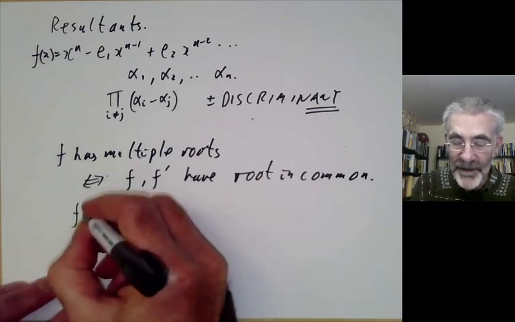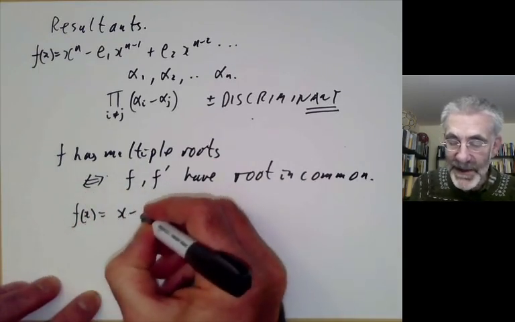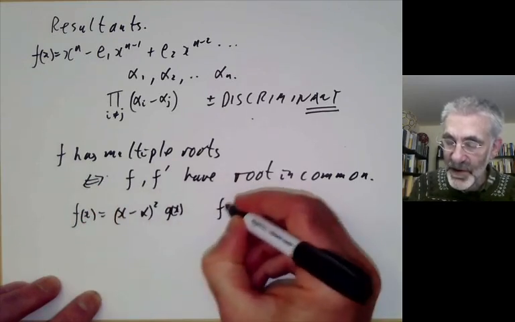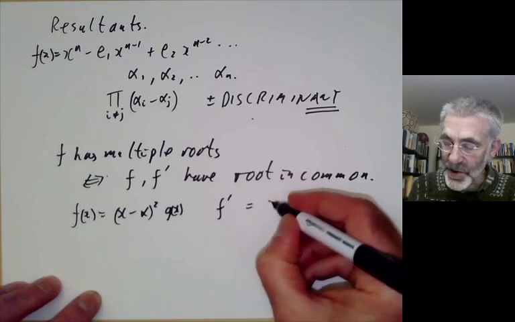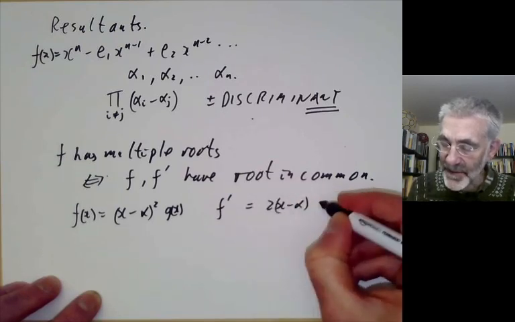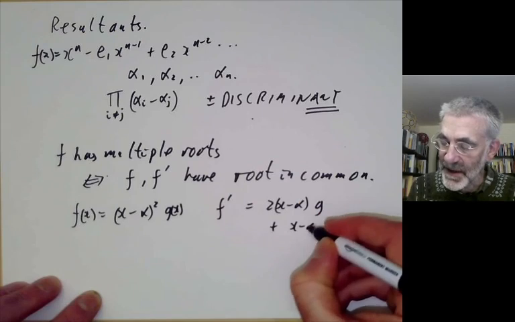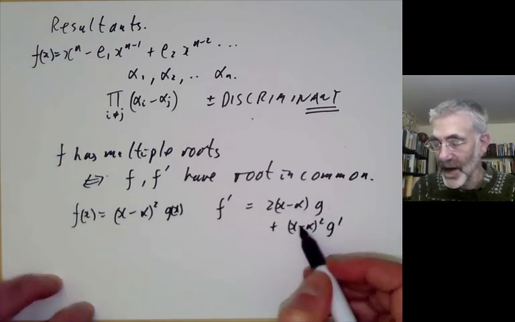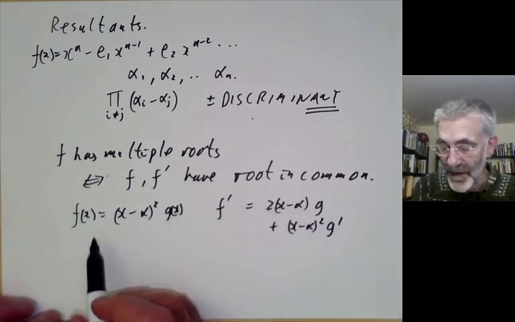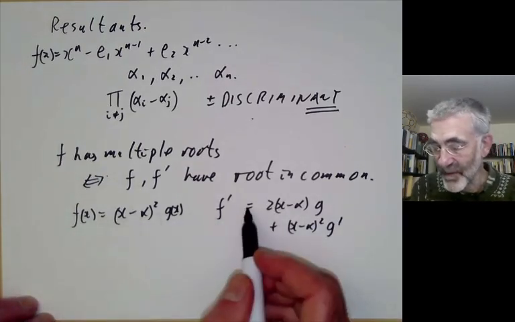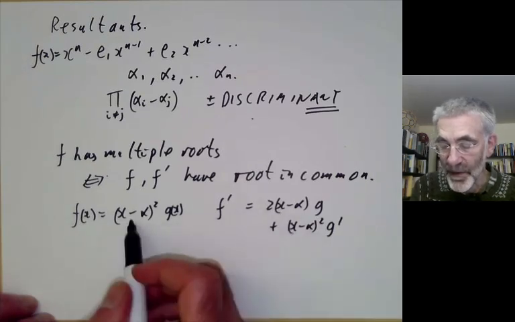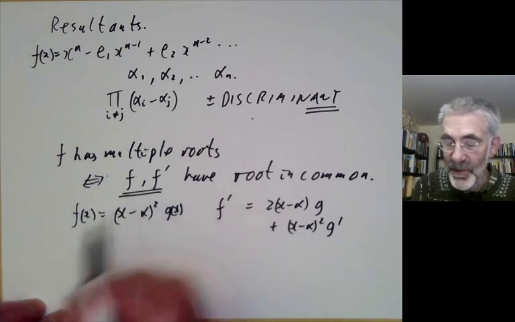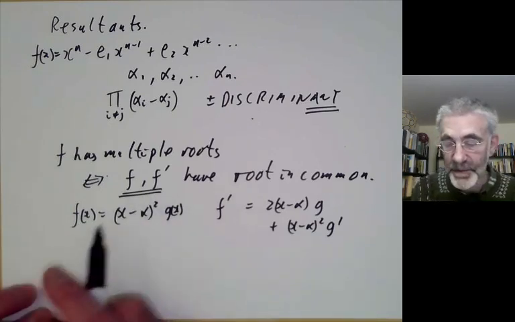For example, if f(x) is equal to (x - alpha)^2 times g(x), then its derivative is equal to 2(x - alpha) times g plus (x - alpha)^2 g prime, so it's got a factor of x - alpha. And conversely, you can see that if f and f prime have a root in common, then this must actually be a multiple root. So we want to know when these two polynomials have a root in common.